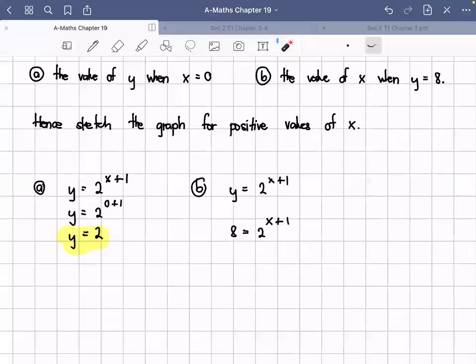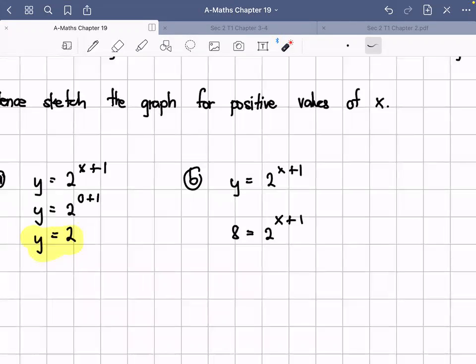When your variable is on top, it's an exponent or an index. How do we solve this kind of question? Observe your bases. Your base here is 2, and your base here is 8. Class, again, if the bases are equal, the exponents or the indices are also equal. So is there a way that I can rewrite 8 and make it base 2?